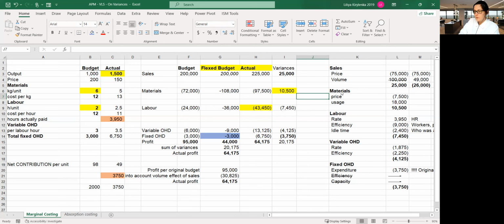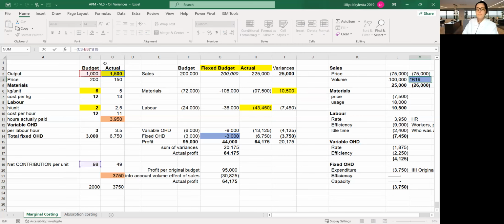While sales volume variance has changed in this case, it has changed because sales volume variance states the net effect of changes in volume. So in absorption costing, volume impacted net profit. That included fixed overhead absorption.